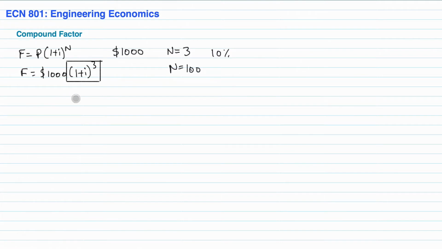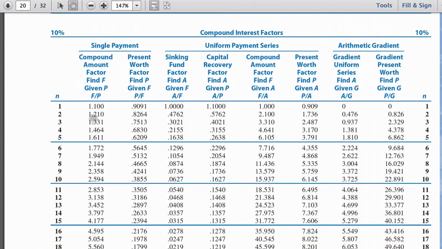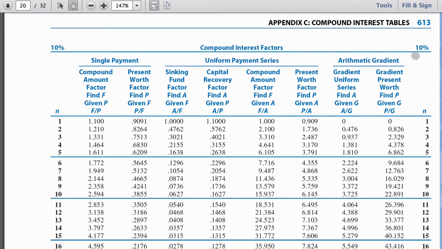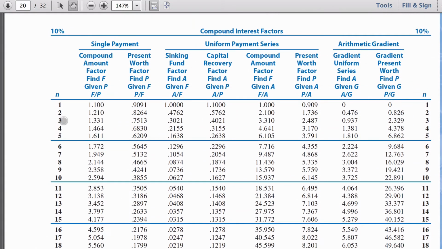In this case, 1 plus i to the power of 3, or 1 plus 10%, 1 plus 0.1, so this would be (1 plus 0.1) to the power of 3. This would be converted into a compounding factor, which is basically at 10% at the third period.